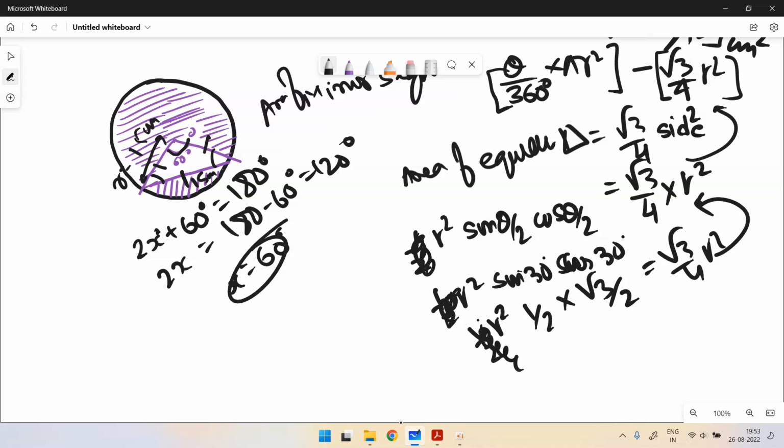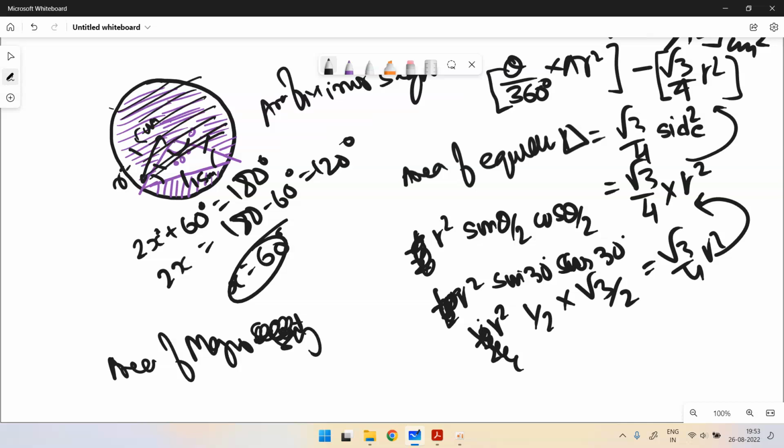Now the area of the major segment will be the area of the complete circle minus the area of the minor segment.